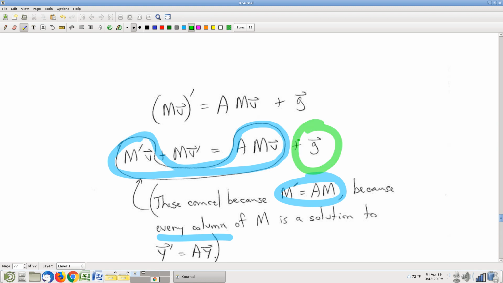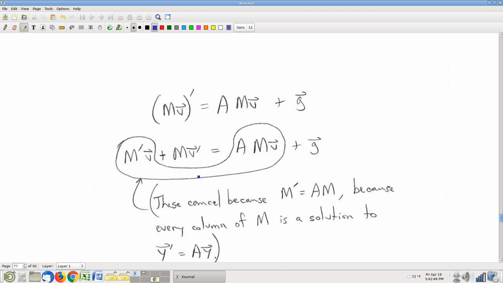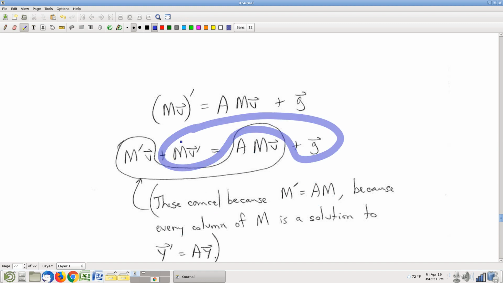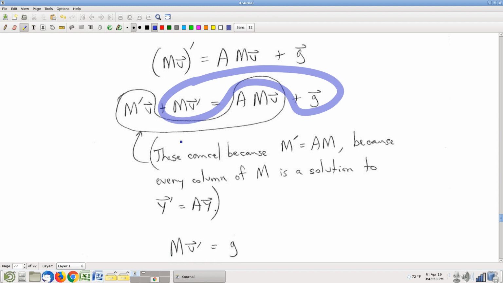This new thing that showed up on the right that knocked it out of balance, I then tweaked my solution. The tweaking created this term. And so the hope is that, again, cancel these. The hope is then that I can just solve for V. Again, just like we did in the scalar case.